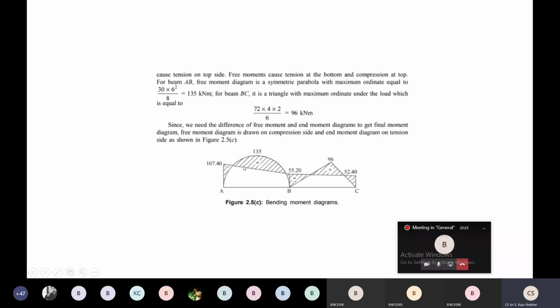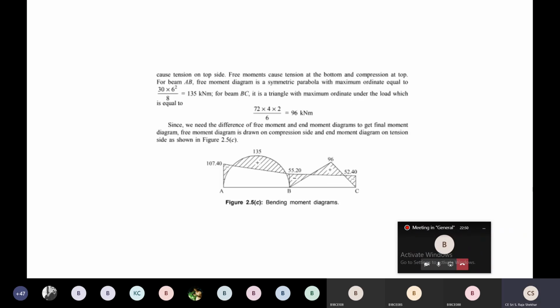The remaining portion after this line is called net positive bending moment. The hatched portion near the support is net negative bending moment. Here is also net negative bending moment. This is net positive bending moment. This is net negative bending moment. Like that we're going to draw bending moment diagrams.